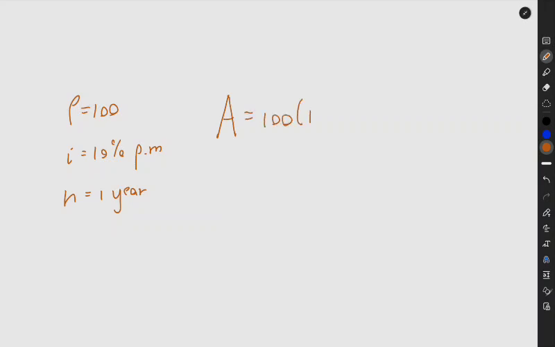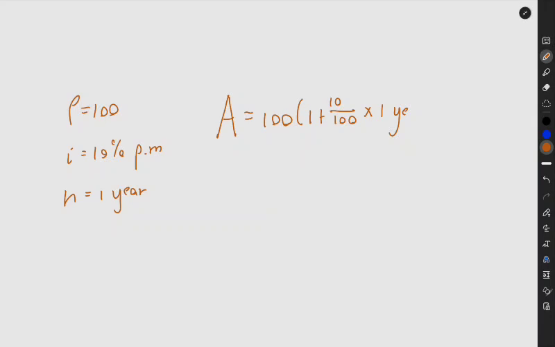In this next example, we have a principal value of $100, an interest rate of 10% per month, and terms equal to 1 year. So let's work it out. Accumulated is equal to principal times 1 plus the interest, 10% per month. So 10%, that's simply 10 over 100 times 1 year.